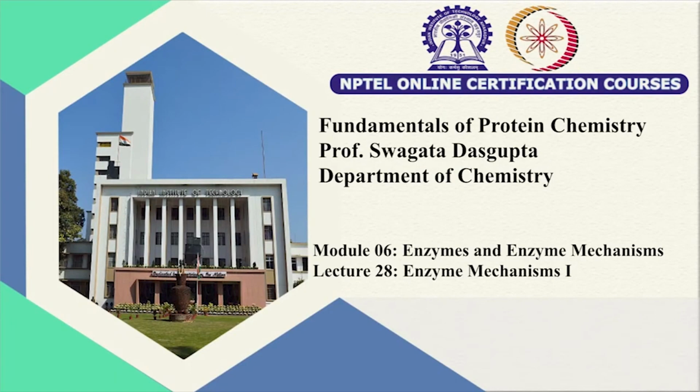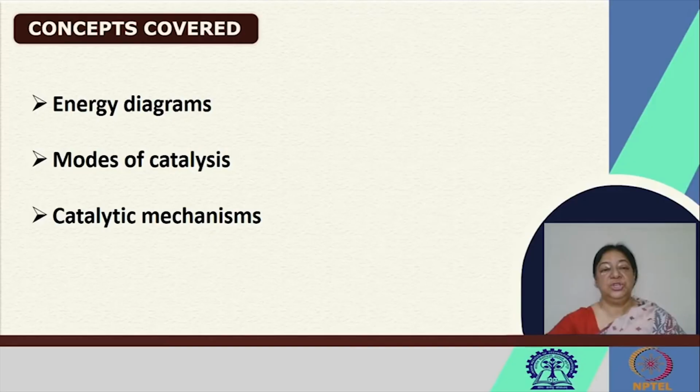We realize that this is important in the recognition for an enzyme reaction to proceed, the specific catalytic reaction to proceed. In this lecture, we will be looking at energy diagrams, the different modes of catalysis, and look at specific catalytic mechanisms in the subsequent two lectures.